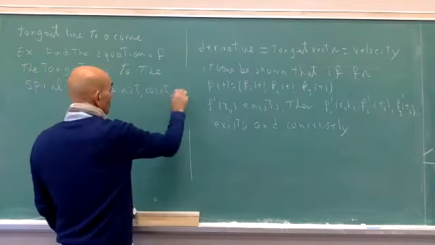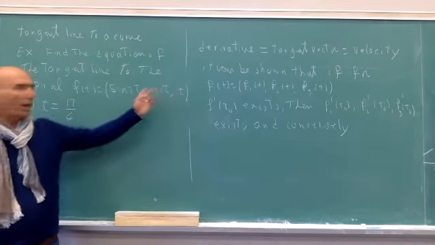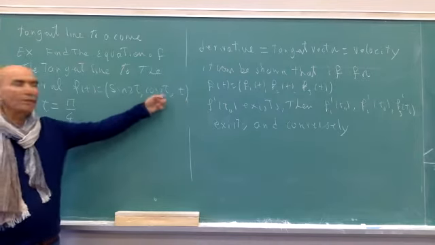Actually, I'm going to put here t, for example. It doesn't matter. At t equal to pi over 4. Now, you see, I didn't put 2t here. I just wrote sine 2t, cosine 2t, t.